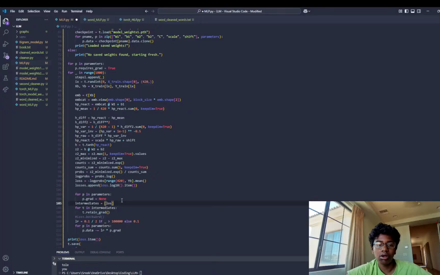So we do loss, log probs, probs, counts sum. Just call on everything. I think it's probably the cleanest approach.